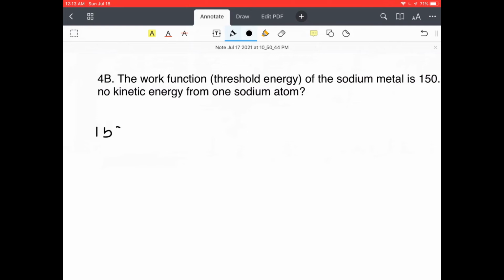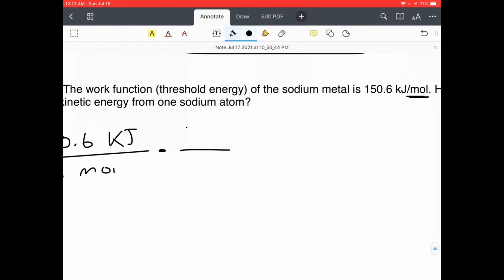So let's go ahead and do that right here. 150.6 kilojoules per 1 mole. And then some dimensional analysis. So 1 mole is equal to 6.022 times 10 to the 23 atoms.